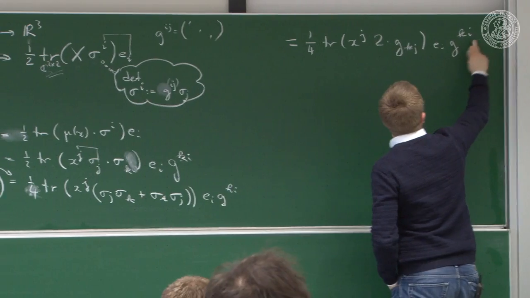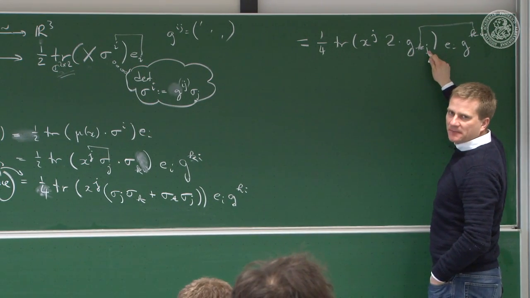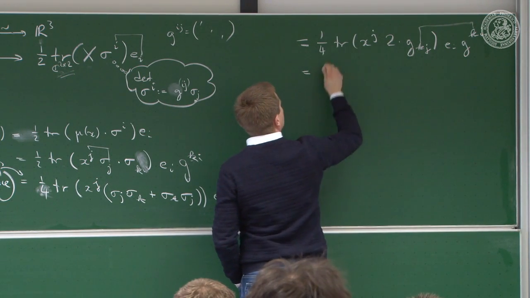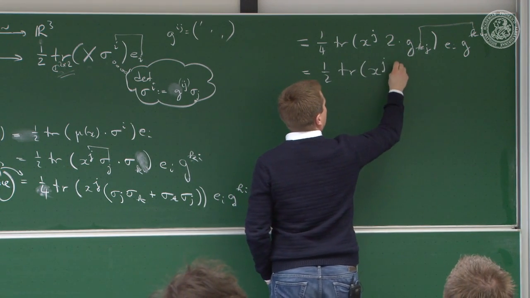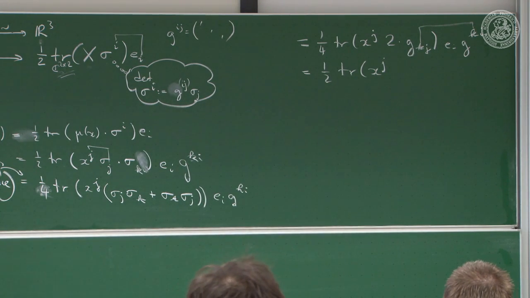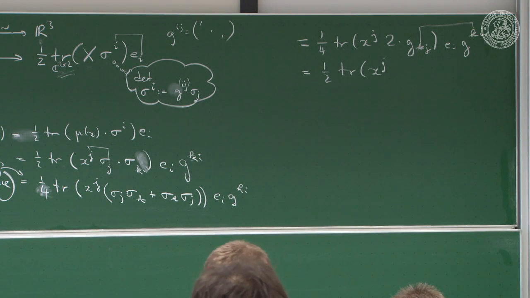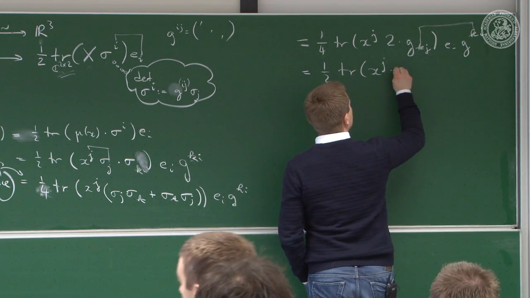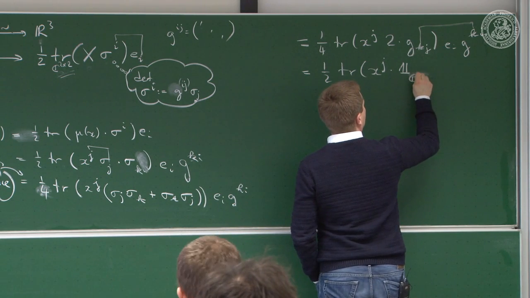So this guy again jumps out, but then k goes with k and gives you a delta_ij. So the 2 goes here, it is 1/2 trace x_j. And here you have still a 2 by 2 complex unit matrix. So everything goes, and here you have still the identity 2 by 2 complex, right?